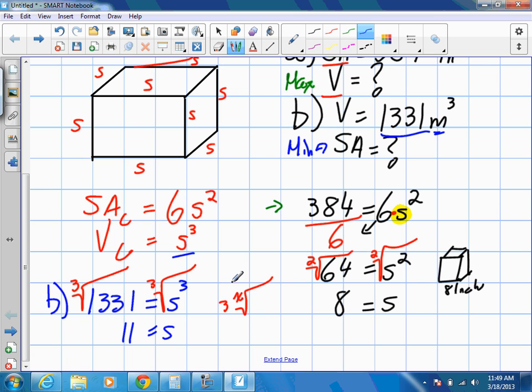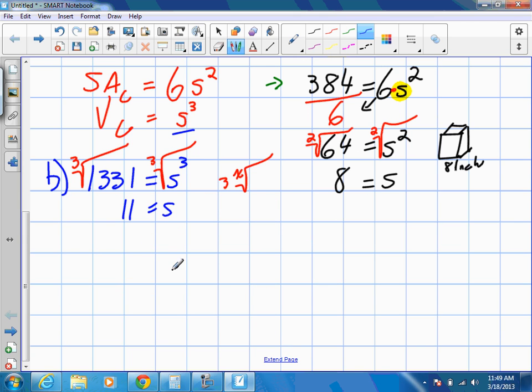Now that we found how long a side is, we need to solve the surface area for that. And actually, we technically forgot to do the other one. That's huge. Yes, it's very large. 11 meters is how long each side of this cube is. Remember, surface area is 6s squared. So now we can plug in 11 for the s.